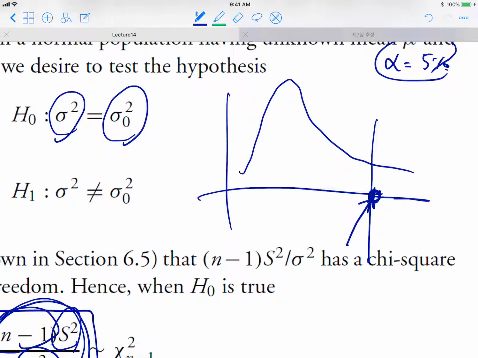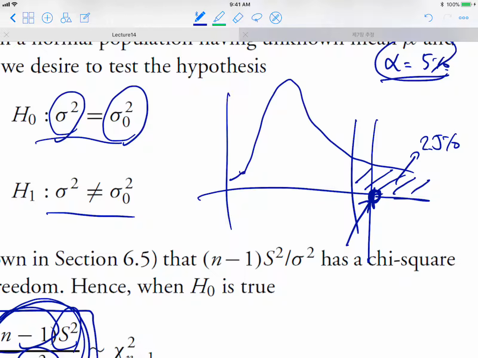This is a two-sided test, so we have to split it in half and distribute it to either side. So this part is 2.5%, and this part will also have 2.5% of the probability.